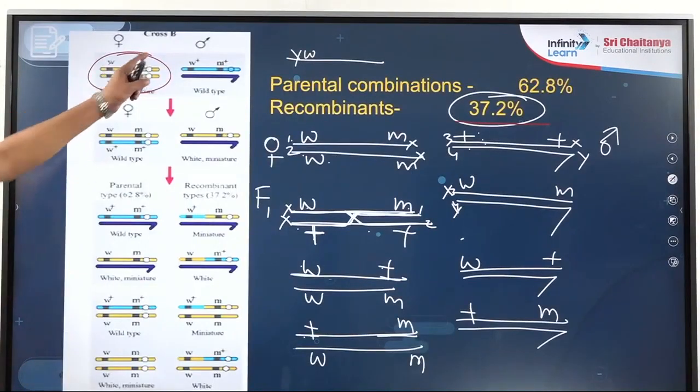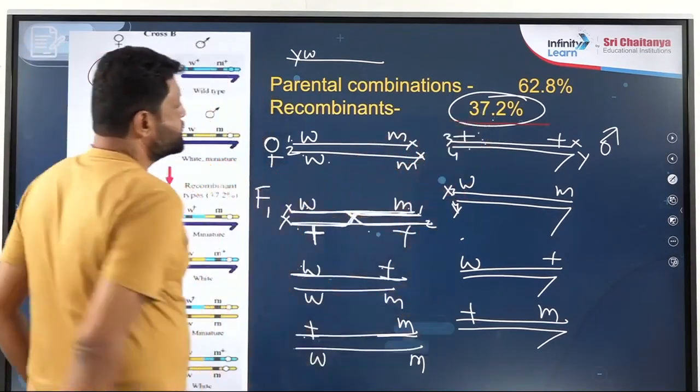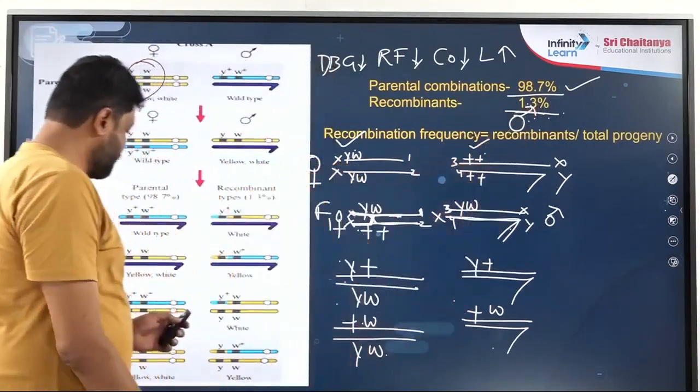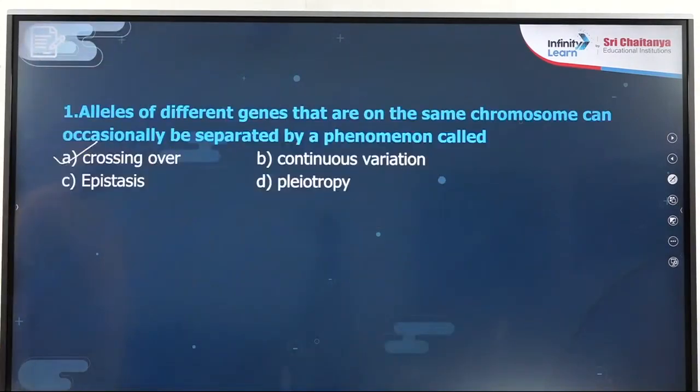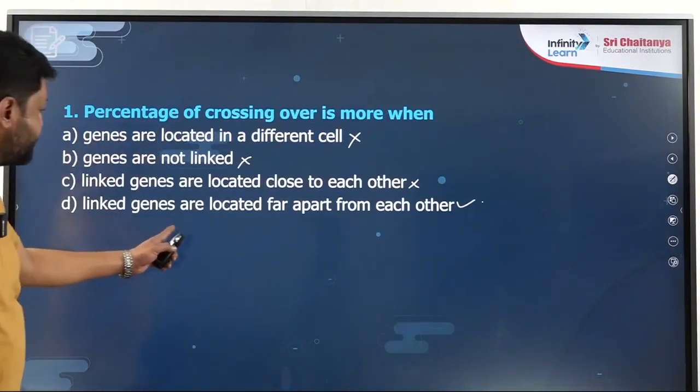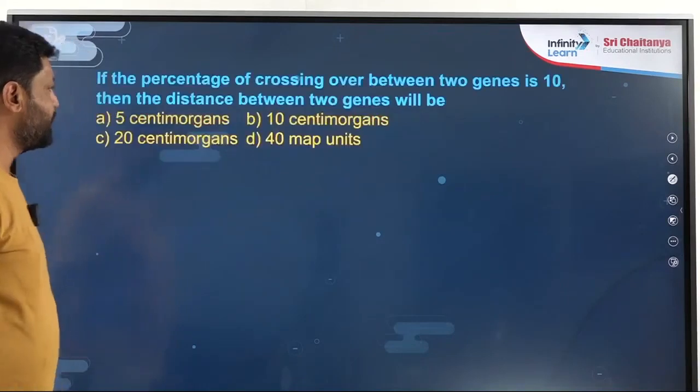If the distance between 2 genes is more, the crossing over percentage will be more. If the distance between 2 genes is less, the crossing over percentage is less. So the percentage of crossing over is more when linked genes are located far apart from each other.